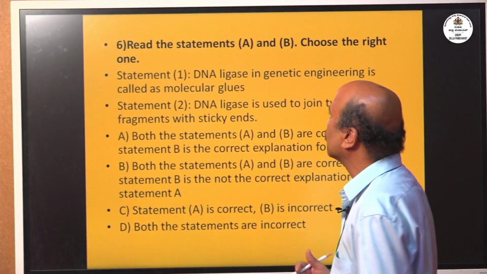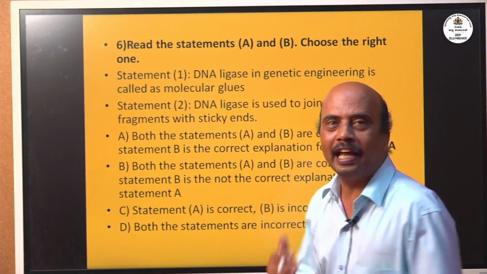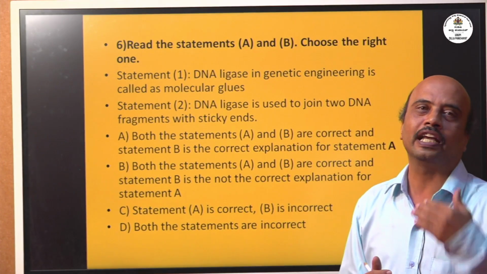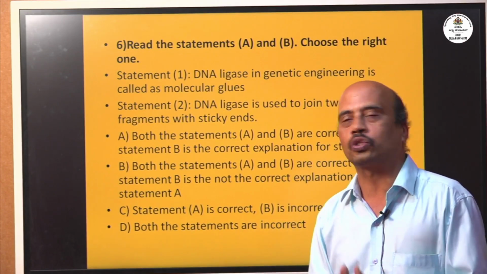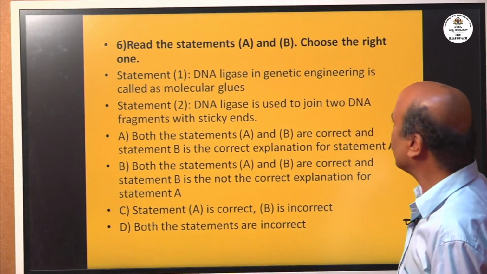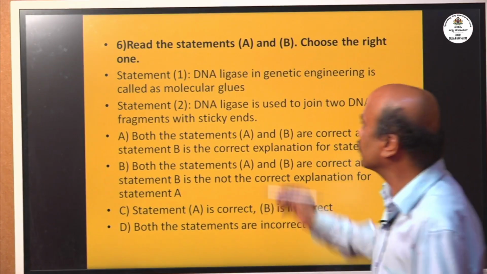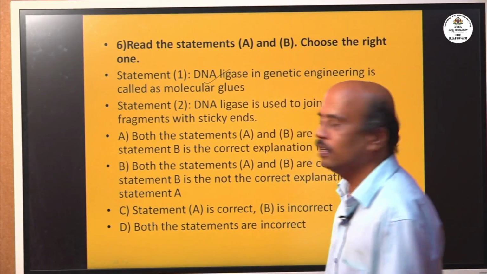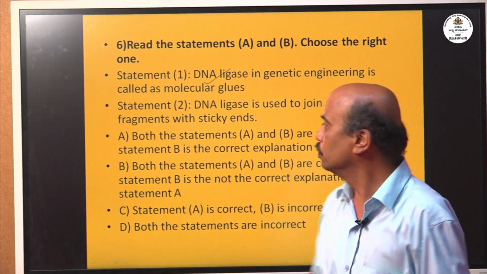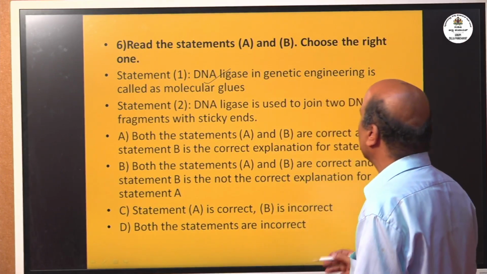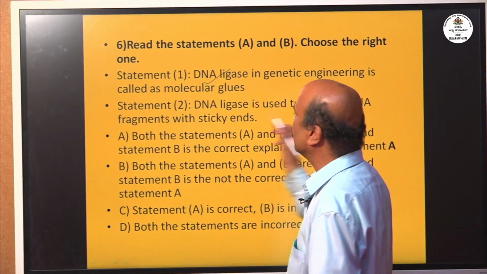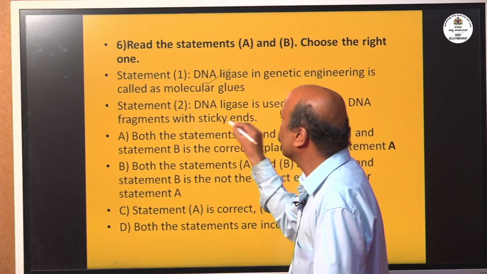Okay, see statement 1: DNA ligase, you know DNA ligase is called molecular glue in genetic engineering. That is the statement. So this statement is right. Then we move on to statement 2: DNA ligase is used to join two DNA fragments with sticky ends.